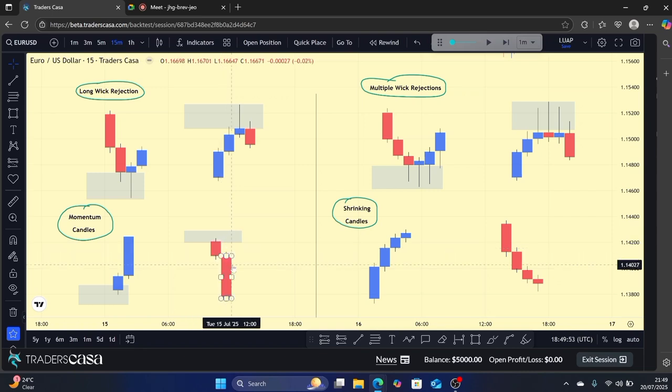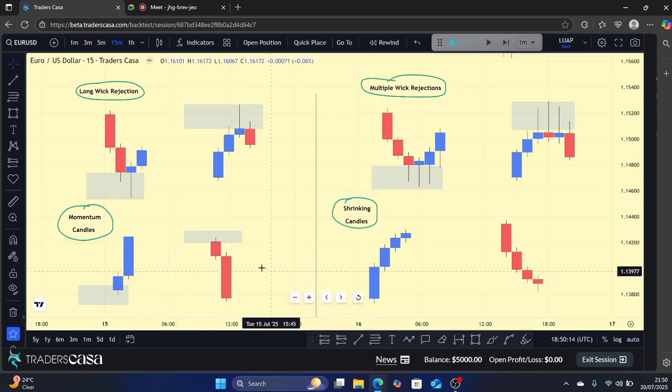Then price prints this candle with big body size, showcasing strong momentum to the downside. That's when, on the closure of this candle, you will take your entry to the bearish side. Right, so those are the momentum candles.